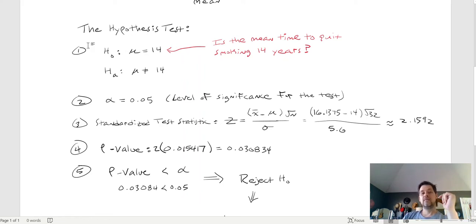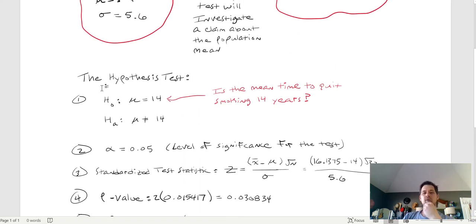As I outlined in that video, the first step was to state your hypotheses. Now, this here in red was the question that was posed to us about the population mean. And it was worded like this: is the mean time to quit smoking in the entire population of smokers 14 years?